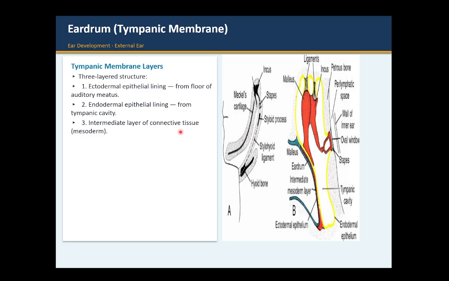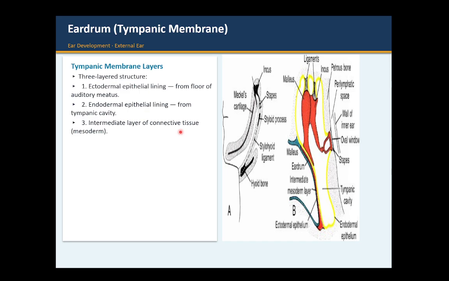Now, we are coming to the tympanic membrane, because tympanic membrane is at the junction of external auditory meatus and the middle ear cavity. Middle ear cavity, as we know, is endodermal. So inner side of the tympanic membrane, the epithelium is coming from the endoderm. External auditory meatus is coming from the ectodermal cleft, first ectodermal cleft.